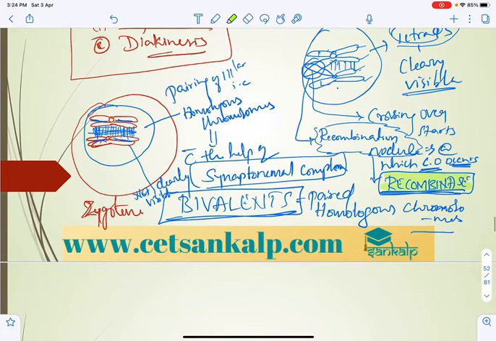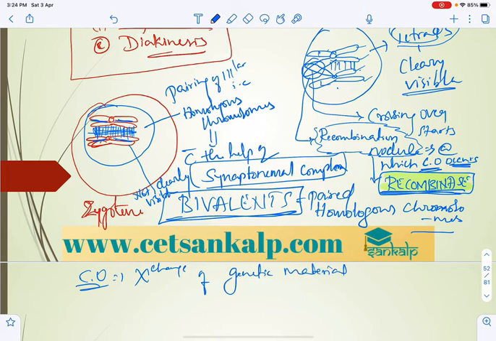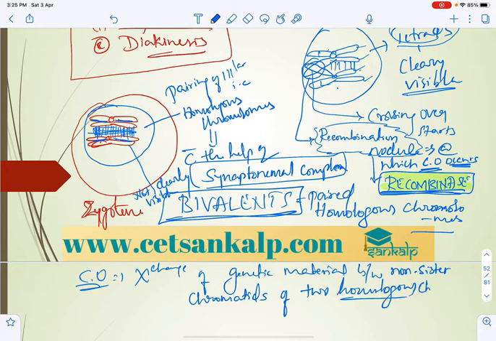So what is crossing over? Crossing over is the exchange of genetic material between non-sister chromatids of 2 homologous chromosomes. In short form I will write: exchange of genetic material between 2 non-sister chromatids of 2 homologous chromosomes.